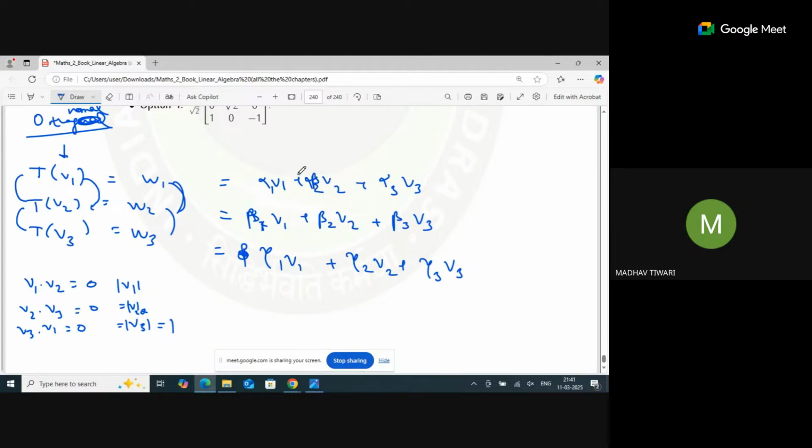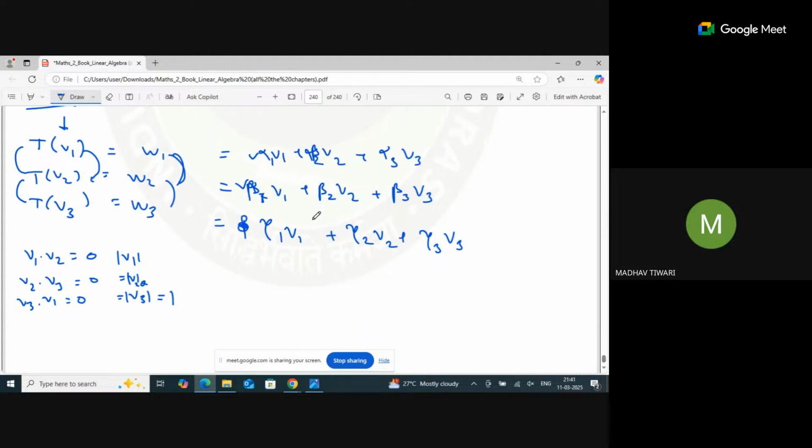If I represent it as a linear combination of these vectors, what would that be? If I do the dot product of row 1 with row 2, I have to do the dot product of this with this, and this. For V1 with V1, only that dot product remains; V1 with V2 will be 0.